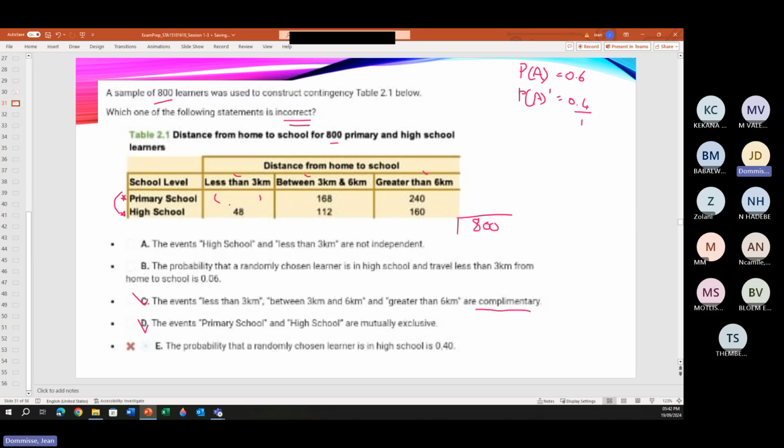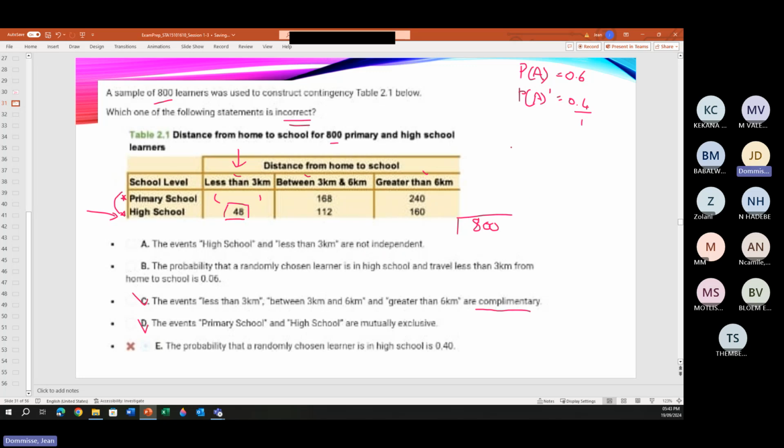So the events high school and less than 3 kilometers, so basically that are not independent.